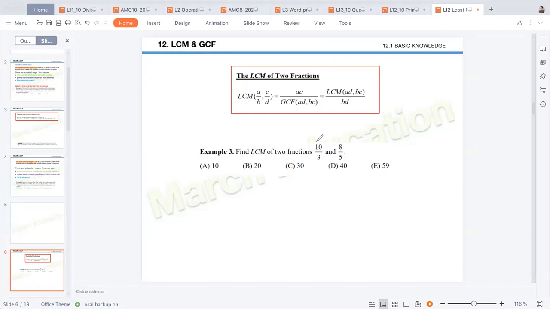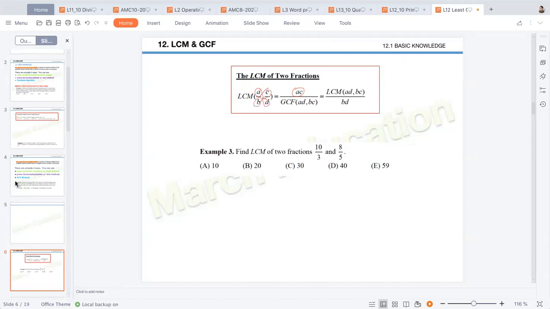So for example, I have 10/3 and 8/5. How could I do this? The least common multiple should equal the multiplication of the two numerators, divided by the GCF of the two denominators. You can see, A and D, and the C and the B.